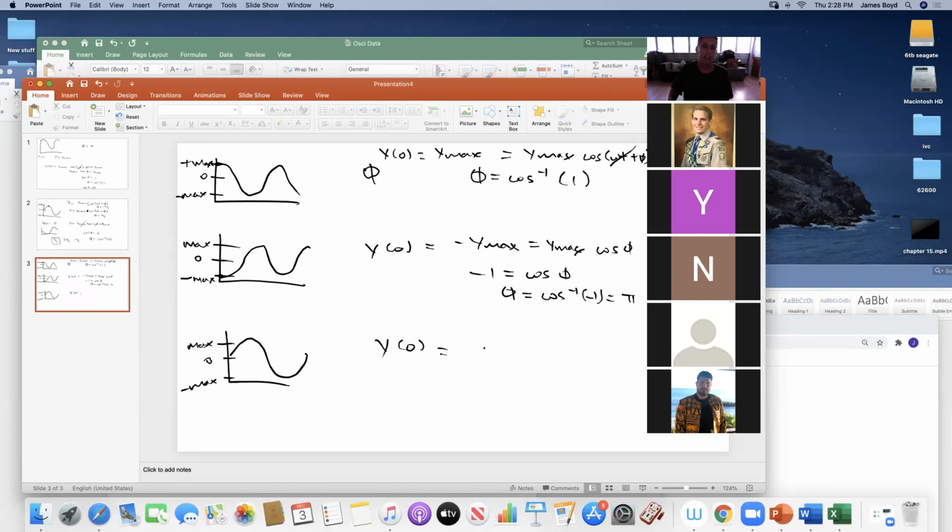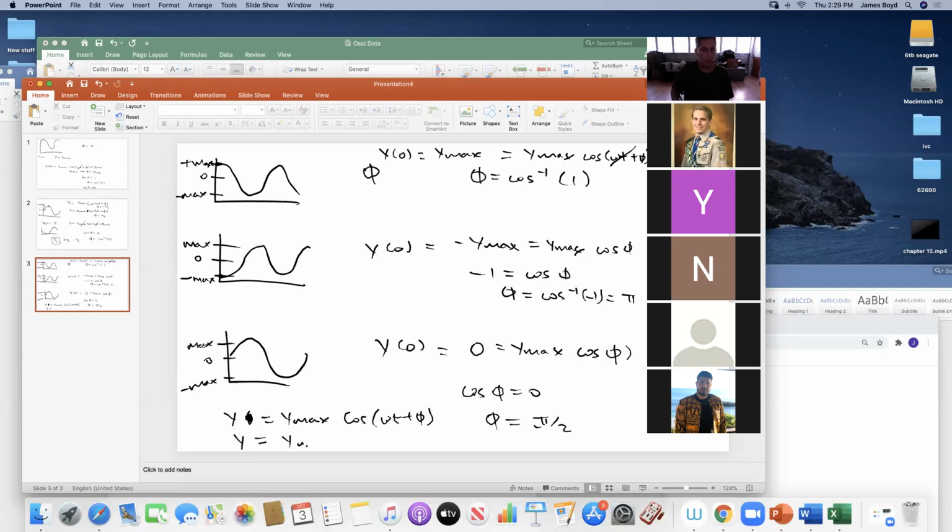And when it starts at 0, we get that 0 is y max cos of phi, or that cos of phi equals 0. So therefore phi has to equal pi half with a negative sign if you're using a positive sign here. So if y is y max cos of omega t plus phi, as your book writes, it's negative pi half.